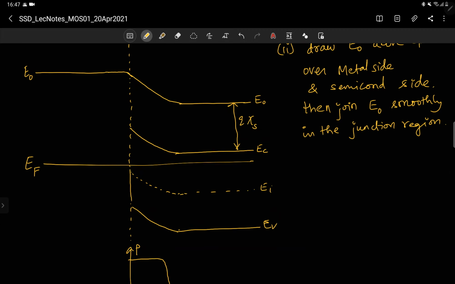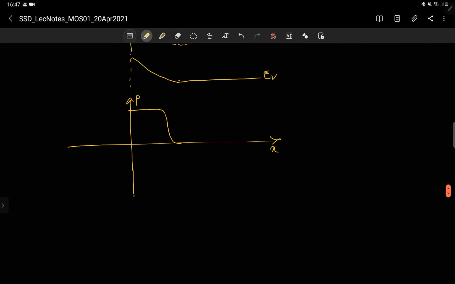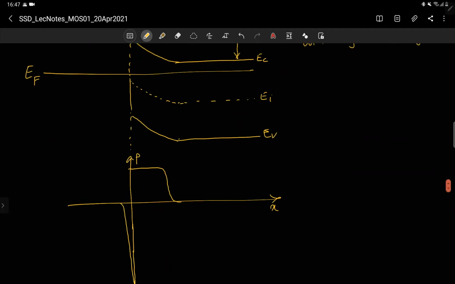The metal can have a high concentration of electrons.